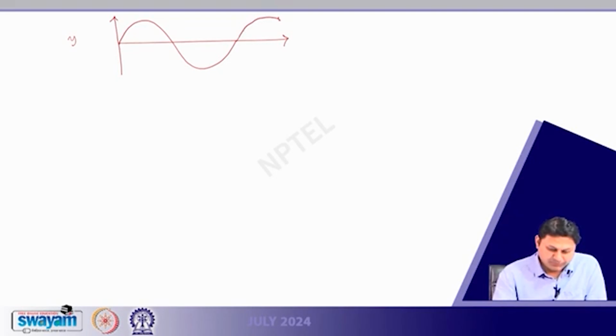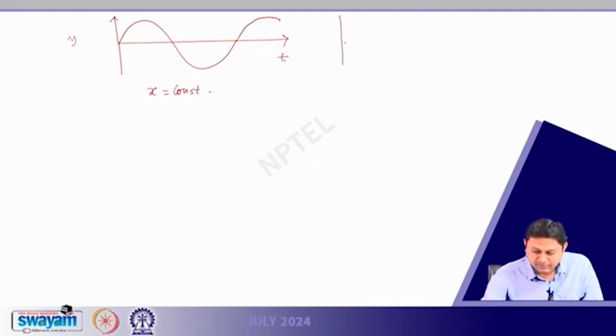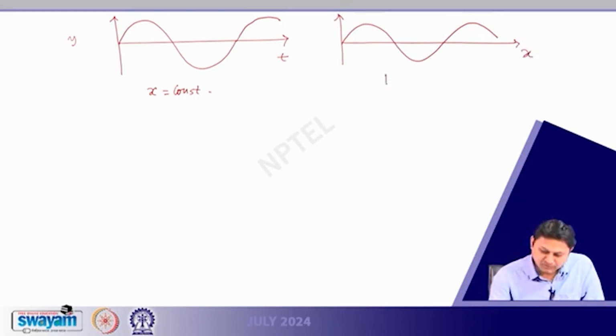So over t, if I plot, it will be a sine function for a constant x, and for a constant t also we are going to get a similar kind of expression, similar kind of figure.